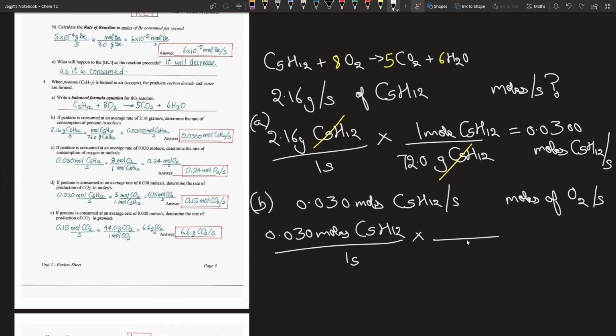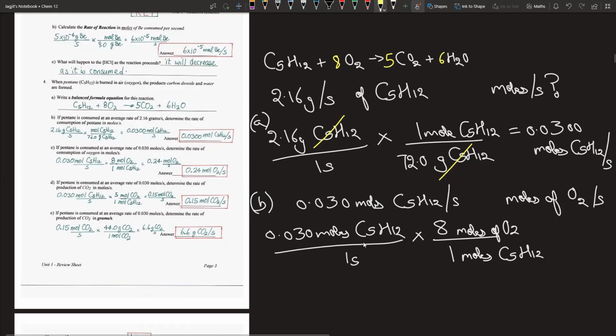So I have moles of C5H12 at the top. I put those at the bottom because I want to cancel them out, right? Now, what's the number in front of C5H12? 1. And we want to go to moles of oxygen. What's the number in front of oxygen? O2, 8. That means for 1 mole of pentane that you burn, 8 moles of O2, oxygen, correct?